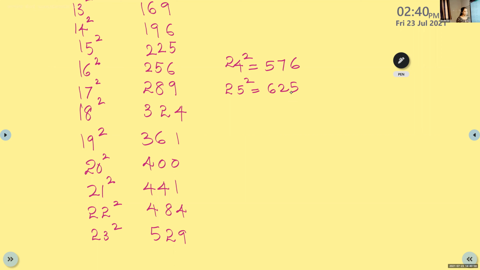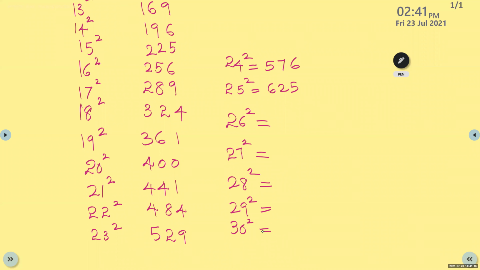What is 26 square? 27 square. 28 square. 29 square. And 30 square. I'm writing now, but don't tell the answer. Now I'll call everyone one by one.